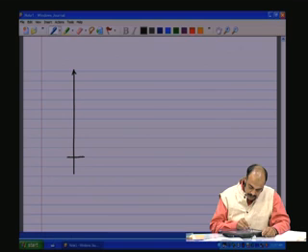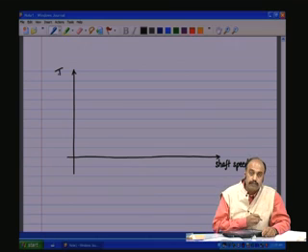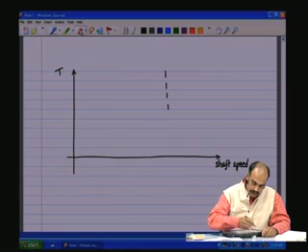torque, and we have the shaft speed. And this is the torque in Newton meter. And we have somewhere here the synchronous speed.